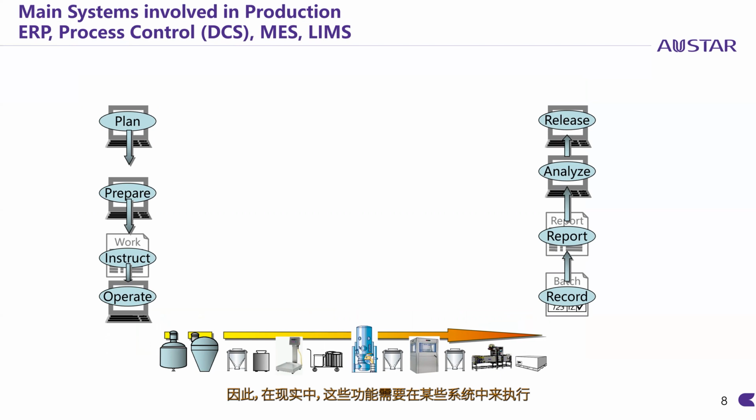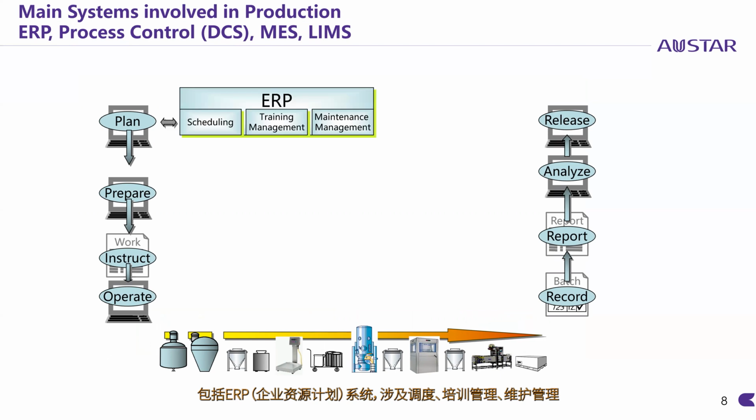So in our world, these functions have to be executed in certain systems. And these systems, as an example here, are the ERP, Enterprise Resource Planning system, where scheduling, training management, maintenance management may happen.